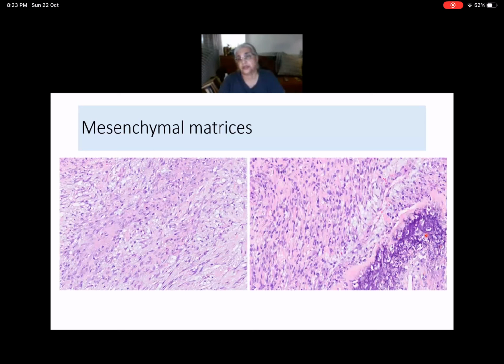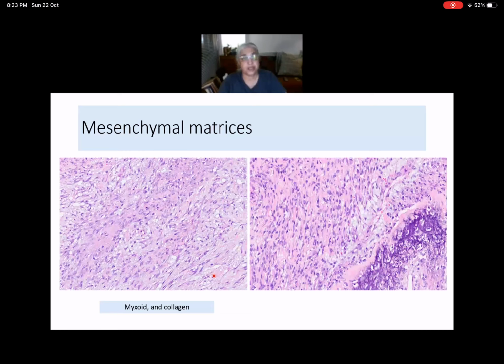You saw myxoid here, which is acellular, and it is being produced by these cells. What is the acellular component over here? Okay, tell me what's it on the right side. What is the acellular component?